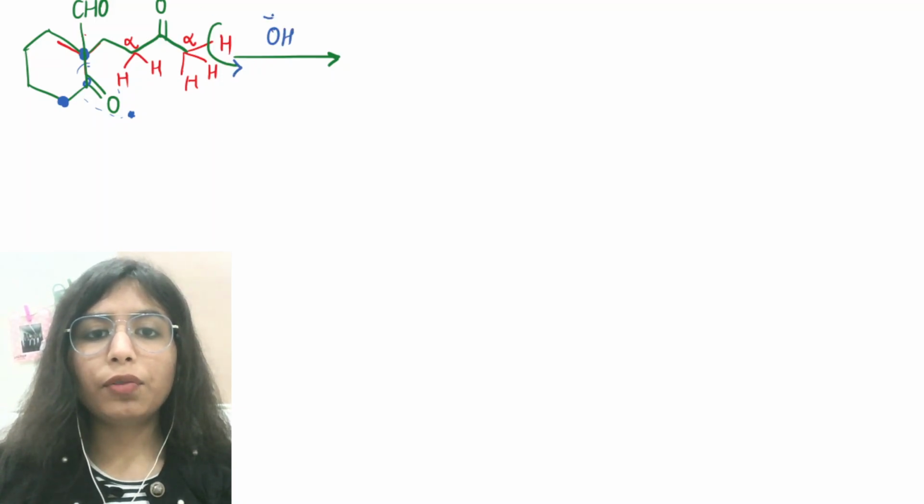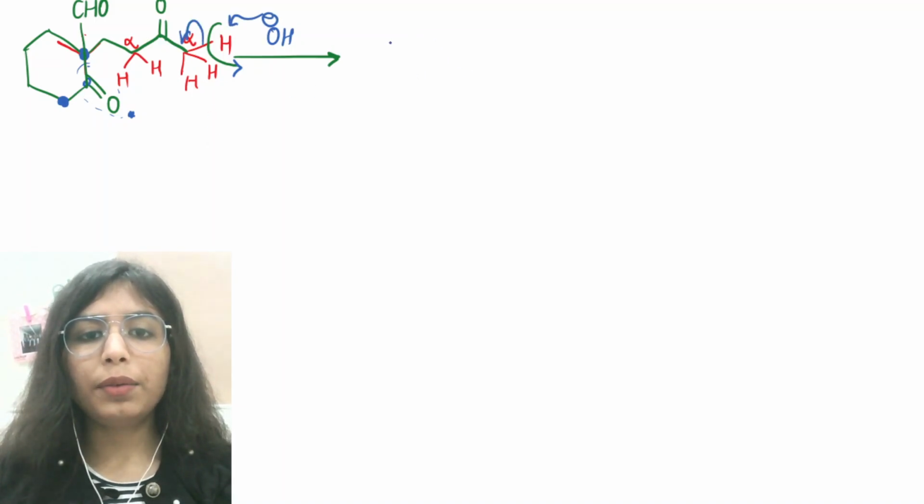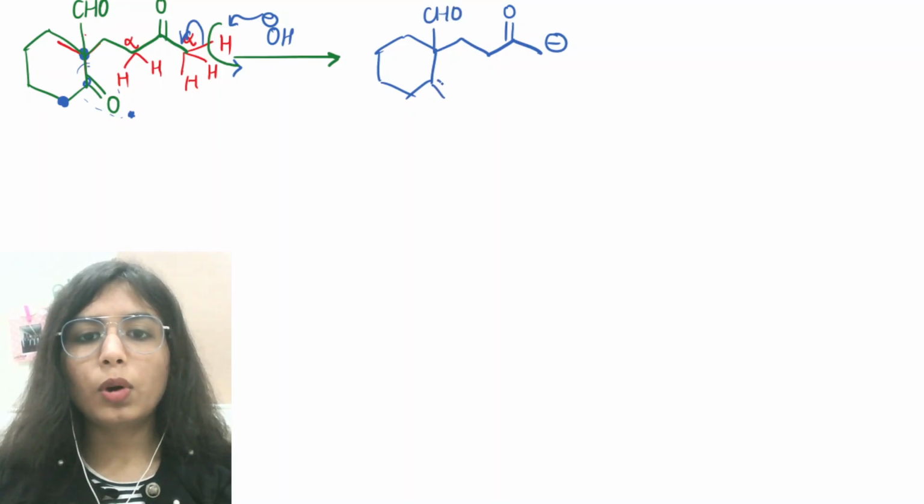So OH negative would come out, and basically it will abstract this proton, and you will be getting a negative charge. This is the kind of intermediate that you are expecting in this case: double bond O negative, this is CHO, and this is double bond O.